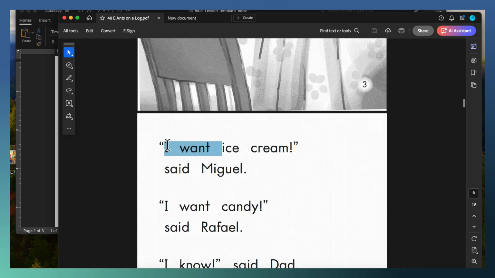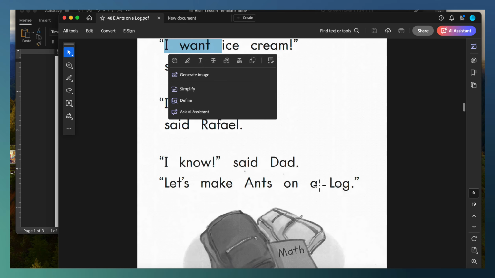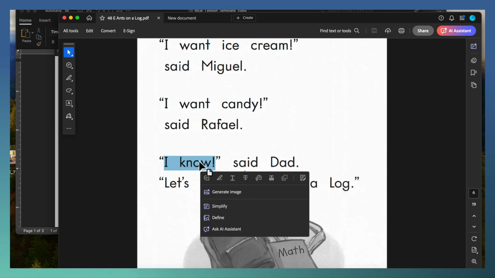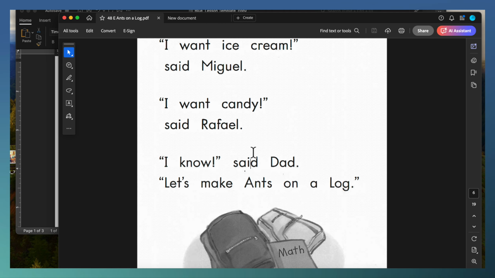Okay, another sentence stem. I want, I want, I want. Right? We have also an exclamation that is fairly idiomatic. I know. That's another way of saying I have an idea. Okay, so we could teach that as a phrase.